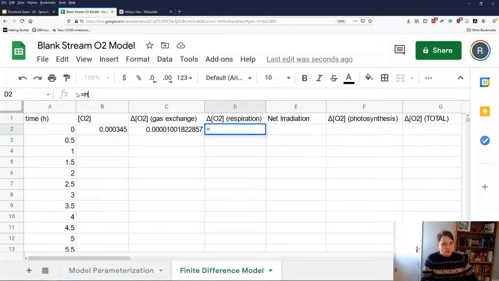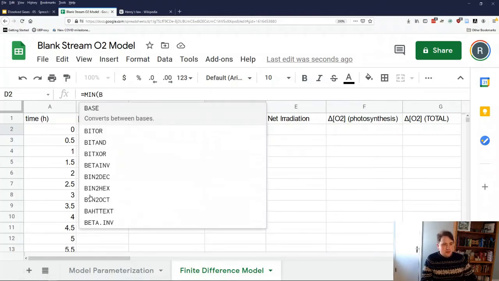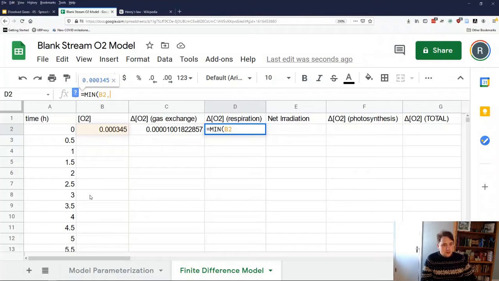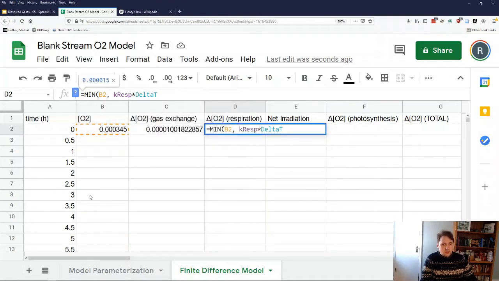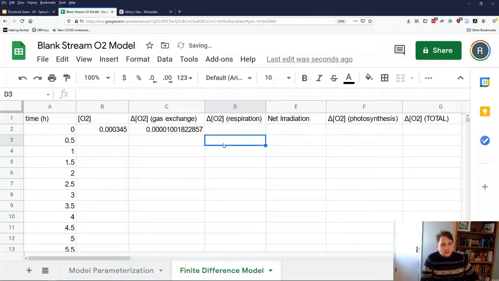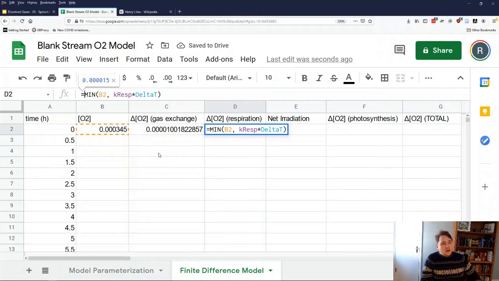So we said this would equal the minimum of B2 or Kresp multiplied by delta T. And this formula is actually going to be positive, so to represent a consumption, we just need to put a negative in the front. So there we have the negative respiration.